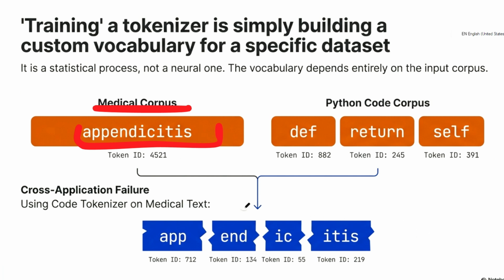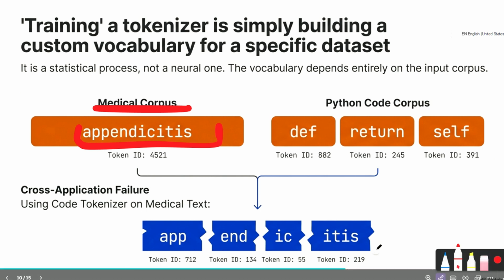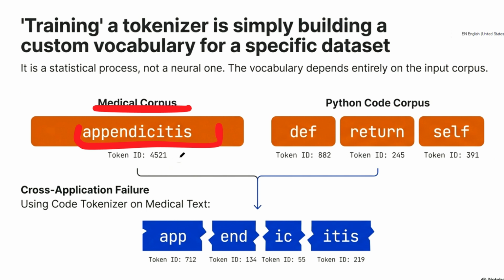When the word appendicitis occurred together so many times, the byte pair encoding algorithm merged it into a new single token. Before it was too many tokens. Maybe it was the tokens "app" and "icitis", but now it just got merged into a new token 4521.